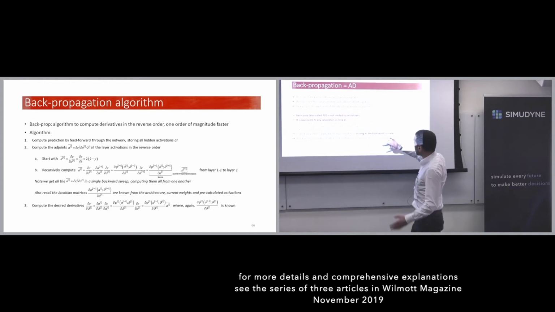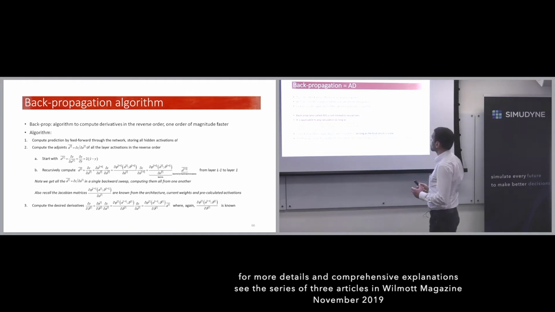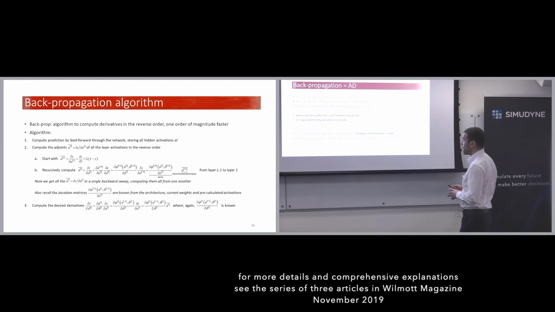Again, if my calculation is organized in layers where A_(L+1) is a vector-to-vector function of a previous layer A_L, then the adjoint of A_L will be the Jacobian of A_(L+1) over A_L times the adjoint of A_(L+1). And we have seen this equation before. We call it the adjoint equation. Backprop is the adjoint equation applied to neural nets.